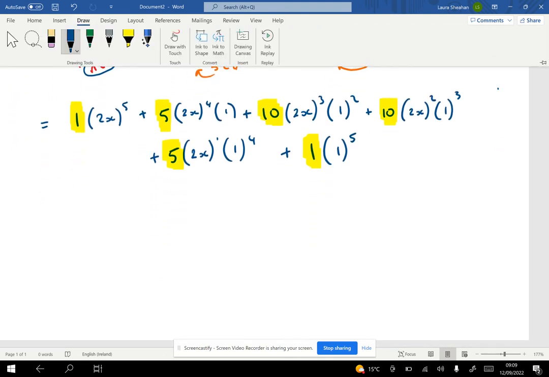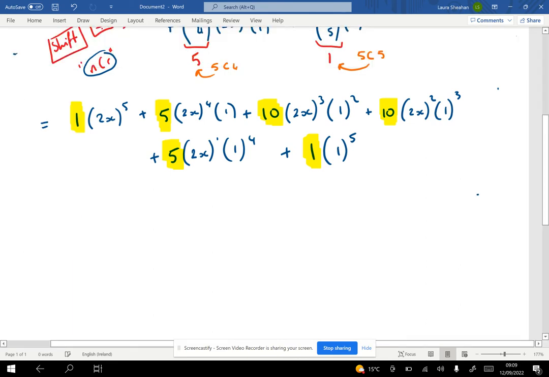Then we need to look at solving out the indices. 1 times anything is just 1.